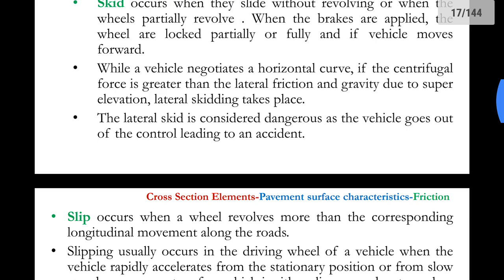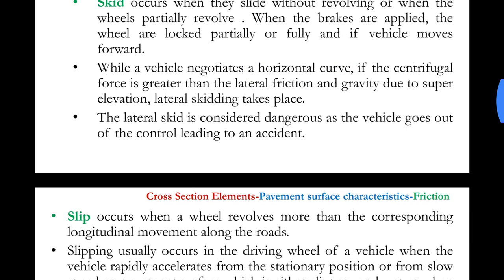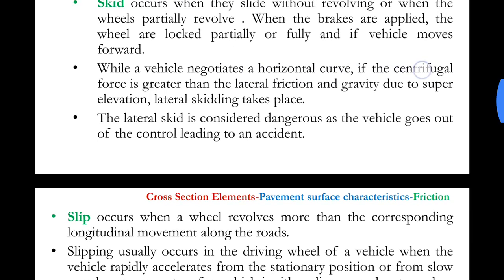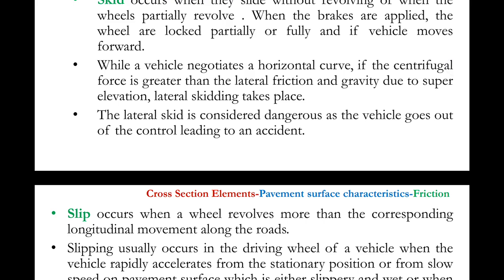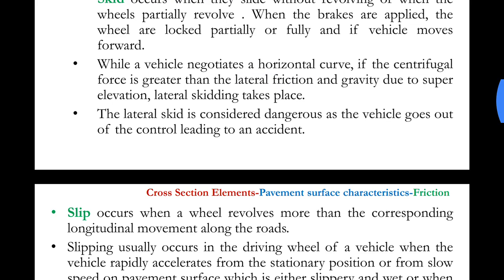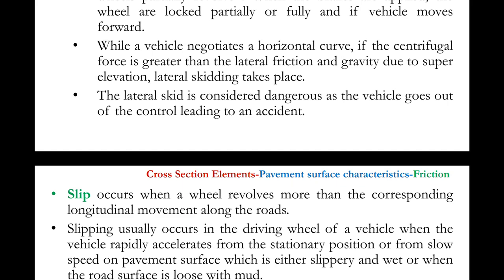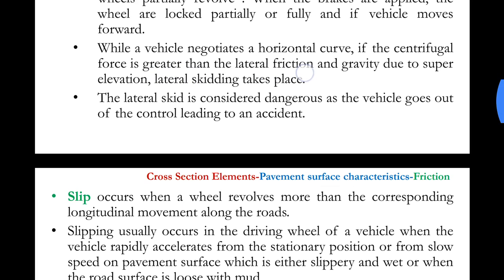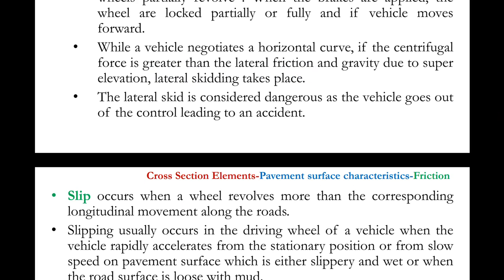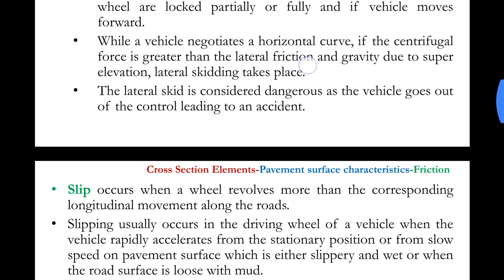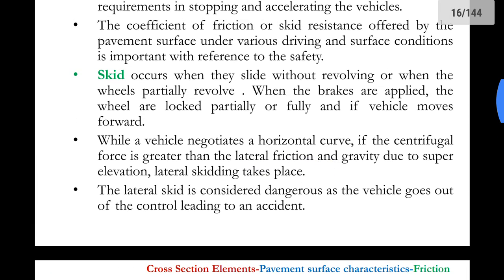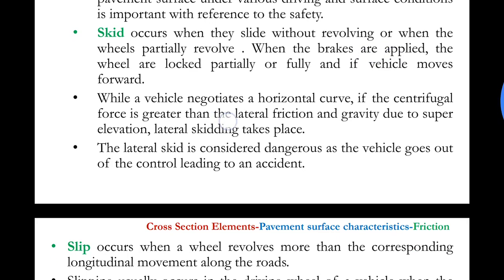And when the vehicle negotiates a horizontal curve, due to the centrifugal force or the outward force applied on the vehicle, if the friction value is not counteracted by the super elevation, then there are chances of lateral skidding, or a skid towards the outer side of the curve. So basically there are two types of skids, longitudinal skid and lateral skid.